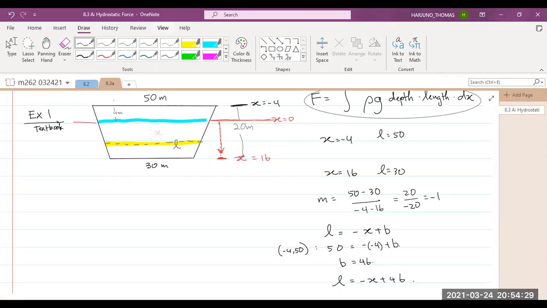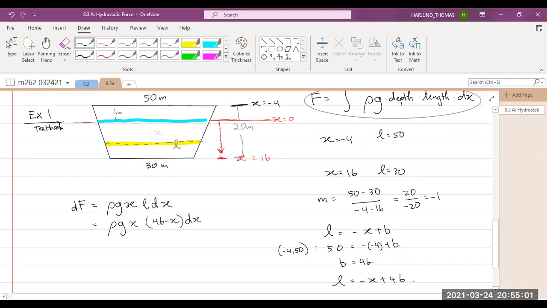So the differential of the force at that strip will be rho g depth, that will be the pressure, times the area of that strip, which is length times dx. Rho g x times 46 minus x dx.